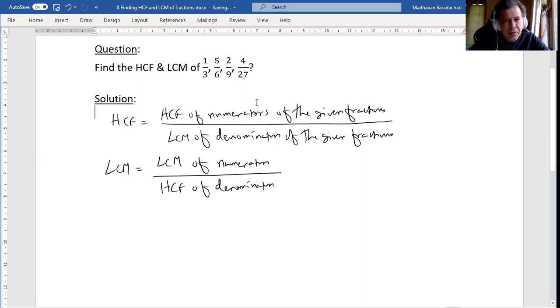Now, first of all, let us find out HCF of numerators: 1, 5, 2, 4. Here you may note that 1 is neither a prime nor a composite. That means the HCF for this has to be 1 only.